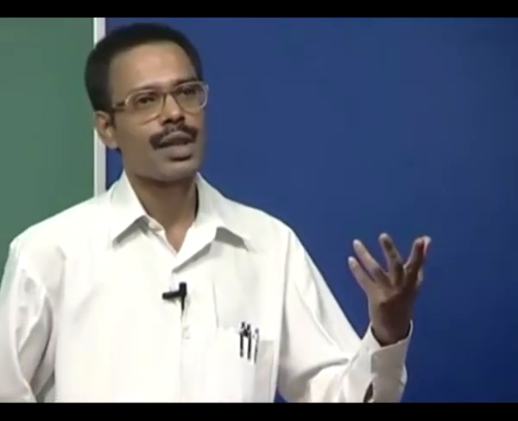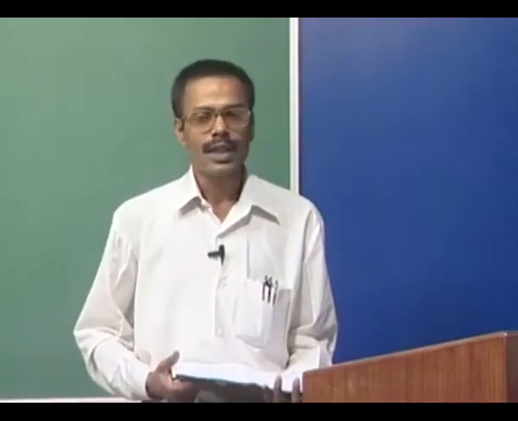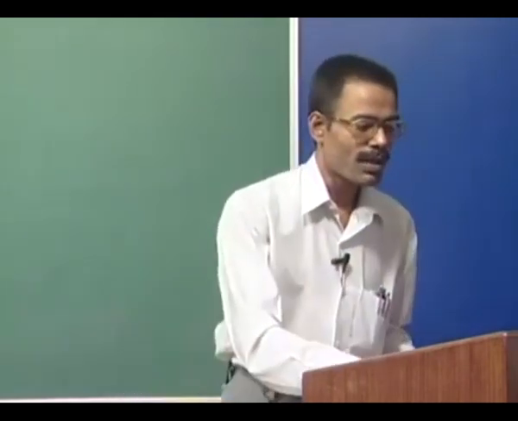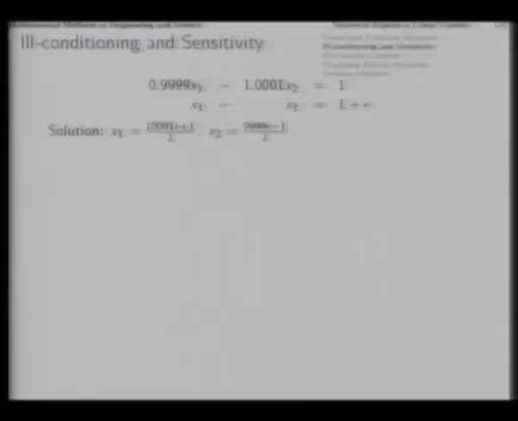Now, why is this situation of large condition number called ill conditioned? Why is it ill? In what sense? To see that, let us consider a small example. Here we have two equations: 0.9999 x1 minus 1.0001 x2 equal to 1, and x1 minus x2 equal to 1 plus epsilon.